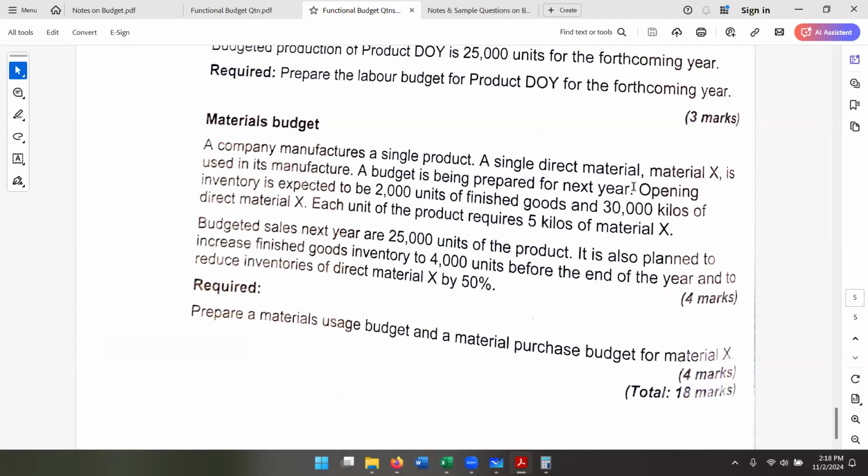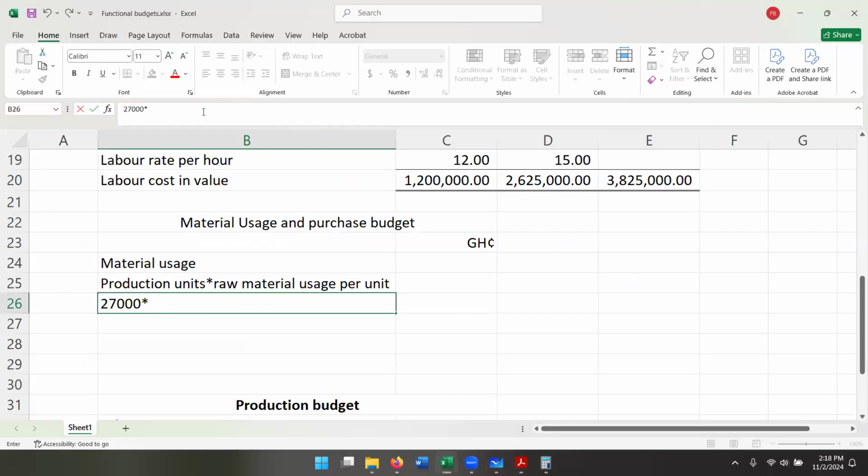Each unit of product requires 5 kilos of material X. So to produce a unit of the product, we need 5 kilos of material X. So multiply by 5 kilos.